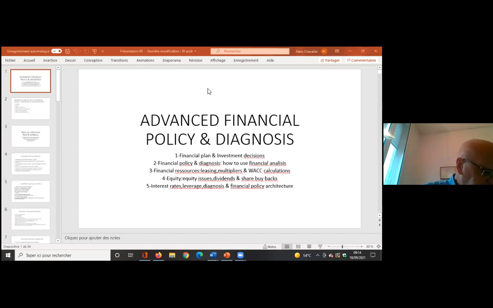And for session 3, we spent time on one of these hybrid products, which is leasing, with different elements of presentation and some exercises also. We went through the multipliers, the price-earning ratio, and after that had the first part of a discussion on dividend and dividend policy, with a definition and the calculation of the payout ratio.